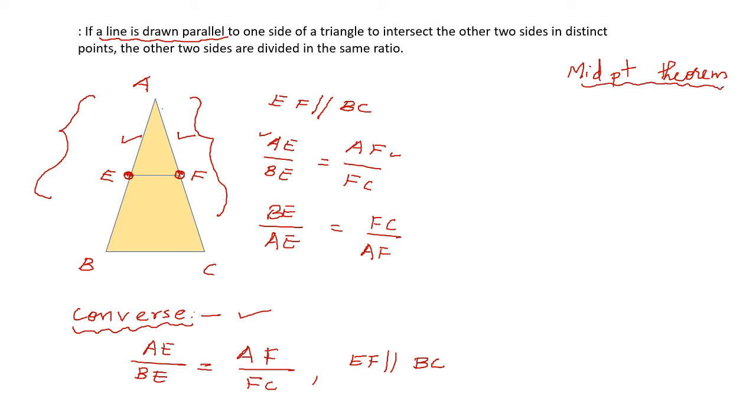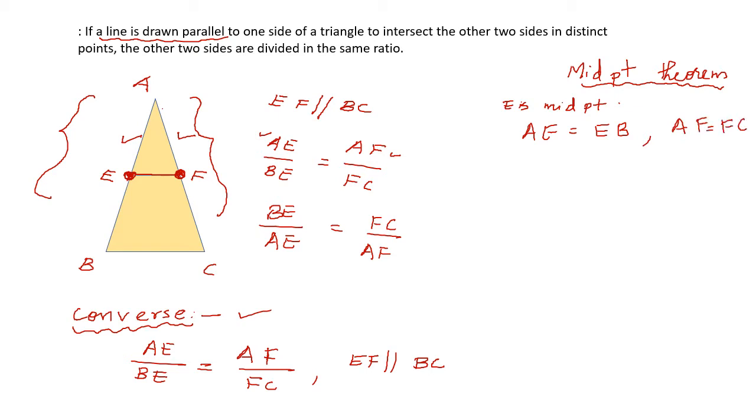The midpoint theorem states that if E and F are midpoints of the sides AB and AC, then when you join these two midpoints, this line EF has to be parallel to the third side, that is BC. How are you going to show that? Now given E is the midpoint, then AE is equal to EB, and AF is equal to FC.